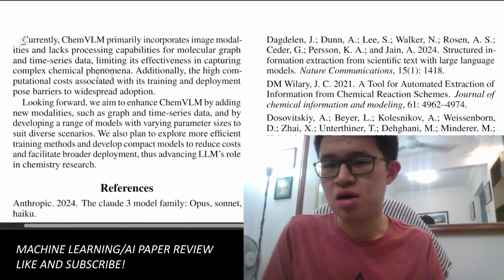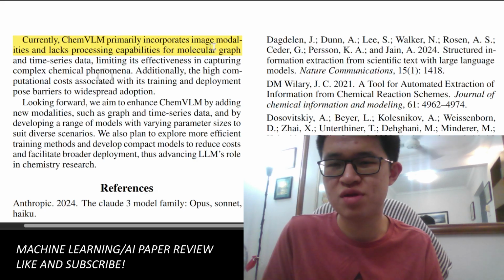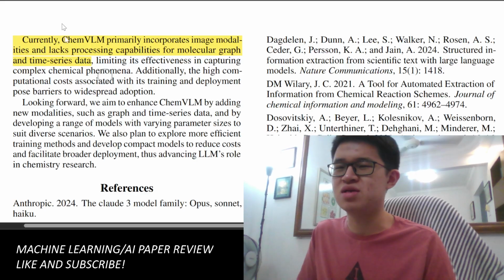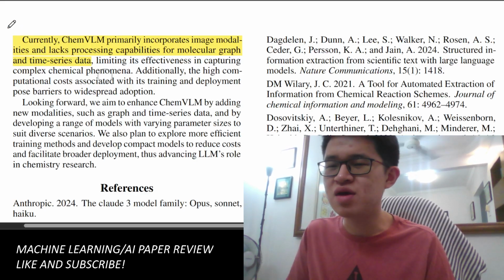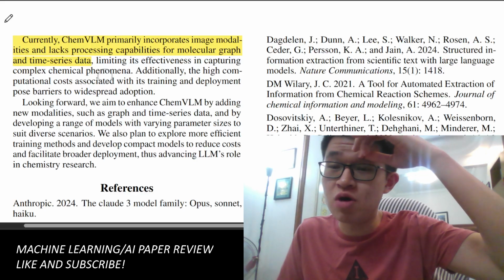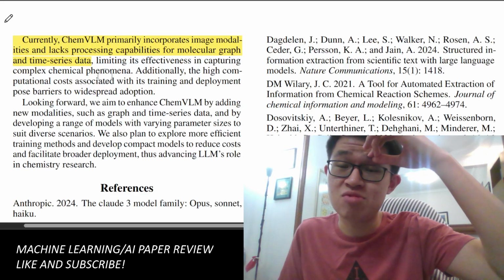Okay, currently their model incorporates image modalities, and next they will work on processing capabilities for molecular graph and time series data. Okay, I'm not so sure what they meant by time series data. I mean, I know what time series data is, right?